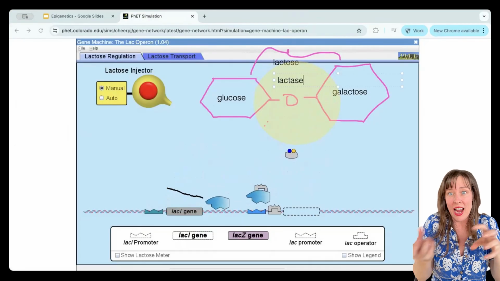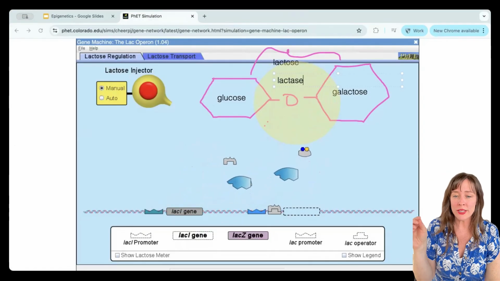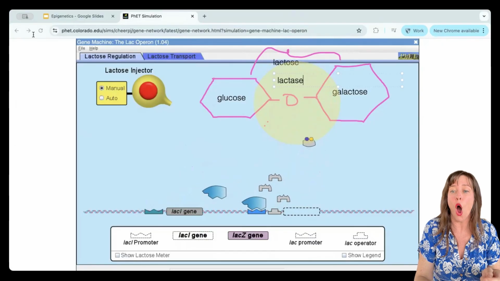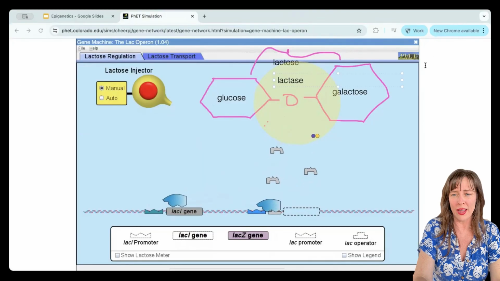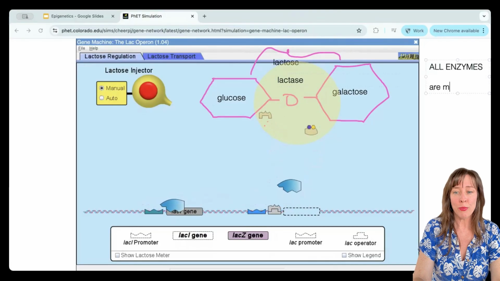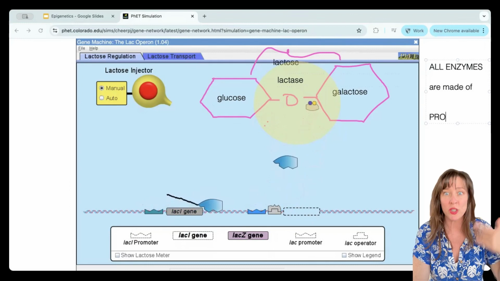So lactase, lactose. I'll get into that another day. Lactase is an enzyme, and all enzymes are made of proteins. So if it's made of a protein, it's got to go through transcription and translation.